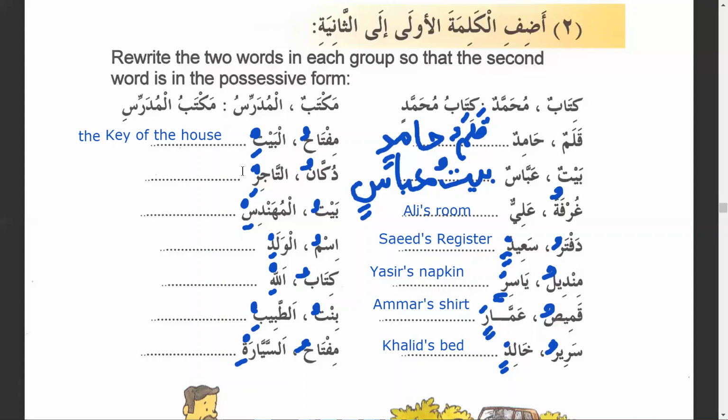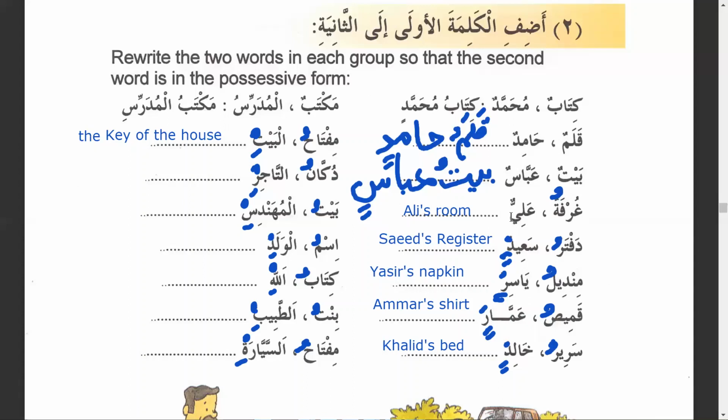Over here, all of these will also get the with them. Ali's room. Grammatically in English, it doesn't sound good to say the Ali's room, but we know that the room belongs to Ali. That's why this room is proper when it's coming as a mudaf and Ali is the mudaf ilayh.